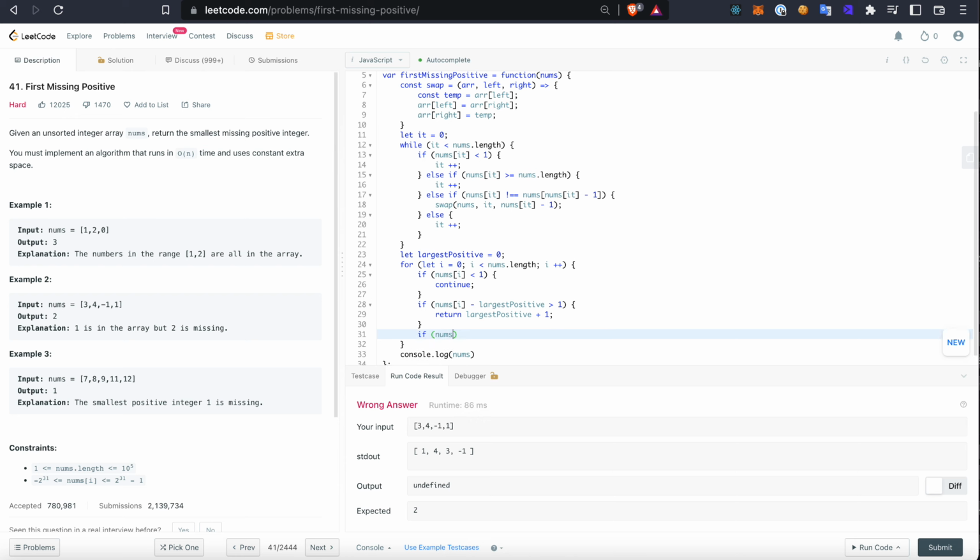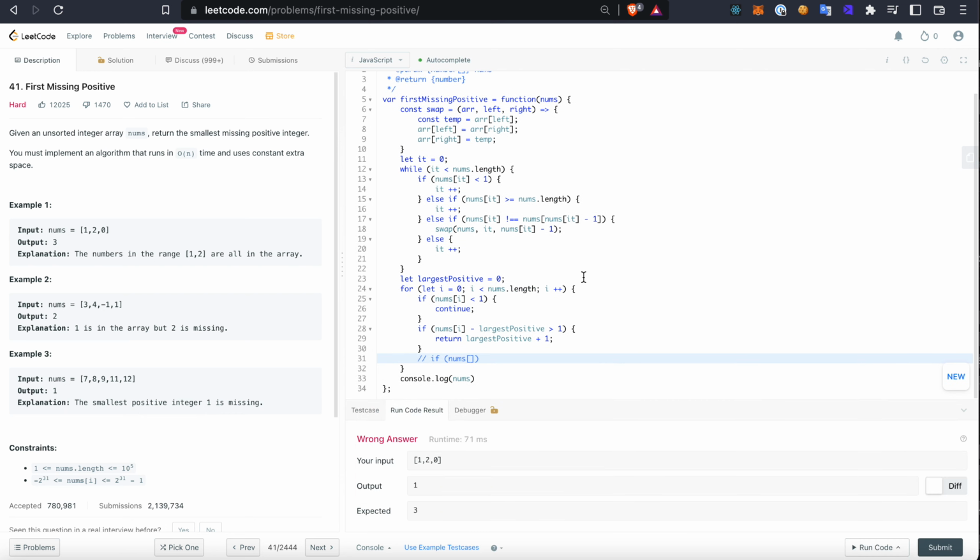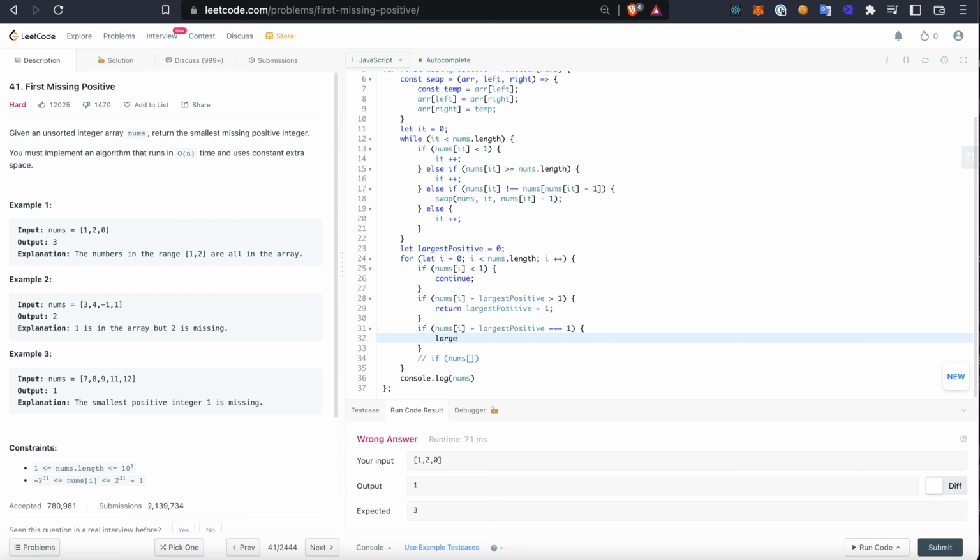Now let's say that we had this guy, I'm going to comment this out, and the first number is 1. We need to now update our largest positive. If nums[i] minus largest positive equals 1, we are good, and we can update our largest positive number.